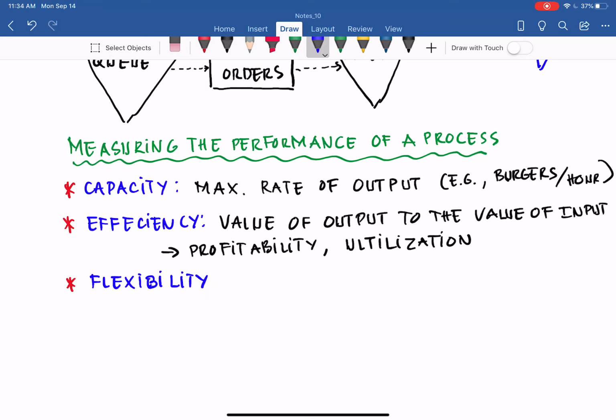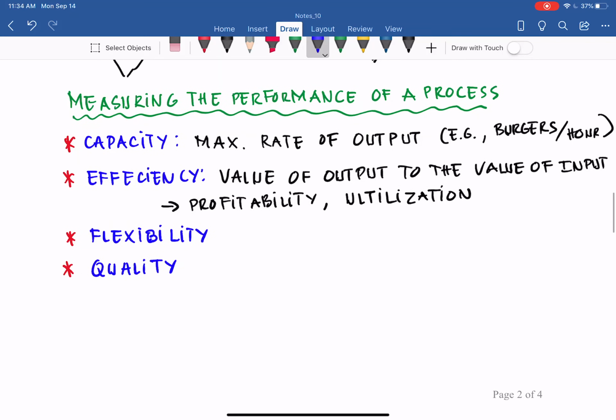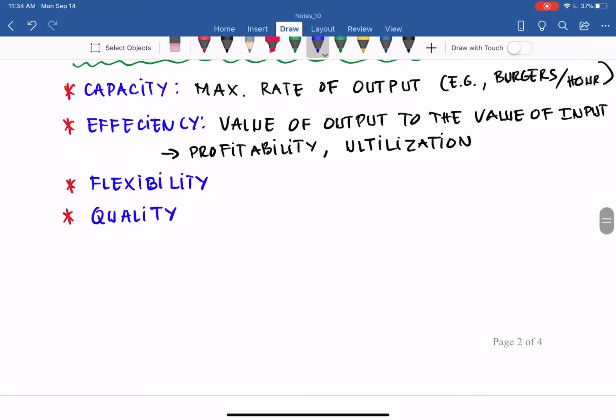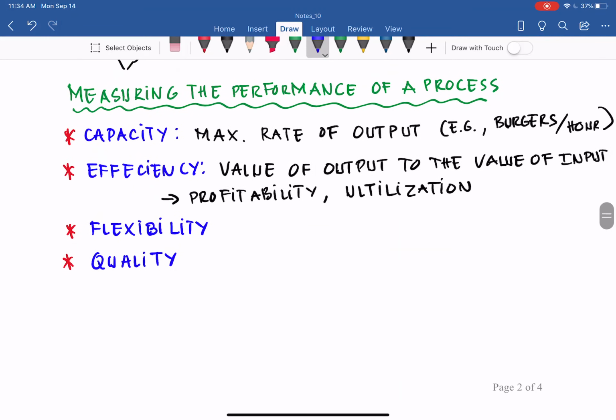Flexibility means it can change and adapt to different products, etc. And then the other measure also discussed in the reading is the quality of the process, the products that the process produces, and those are the performance measures that we need to determine for a process.